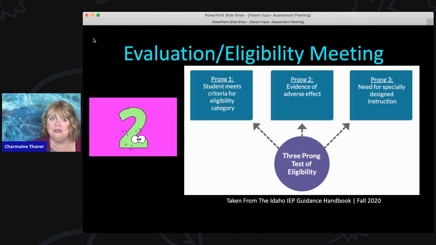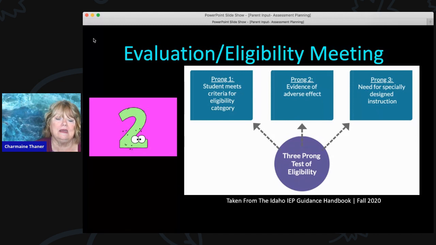And depending on your state, there are 13, 14 different disability categories, such as intellectual disability, specific learning disability. If your child meets the criteria for one of those categories, then the first question is, yes, my child does have a disability. And then you move on to the second question, which is, okay, but does your child's disability impact their education?